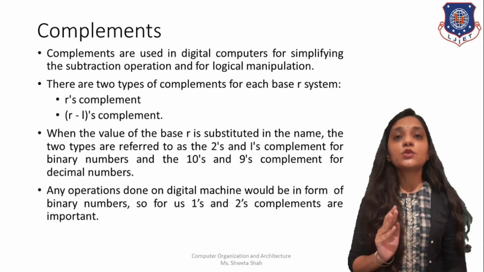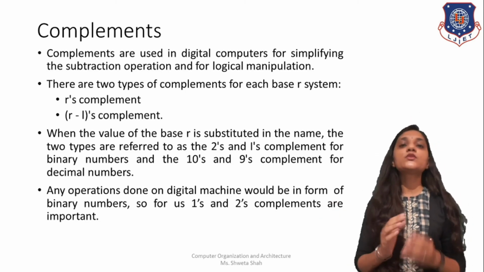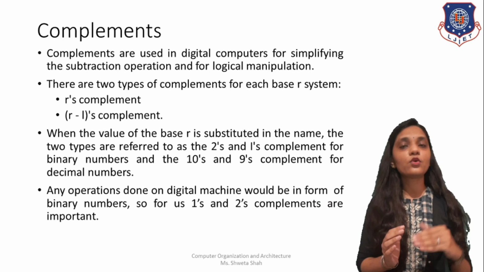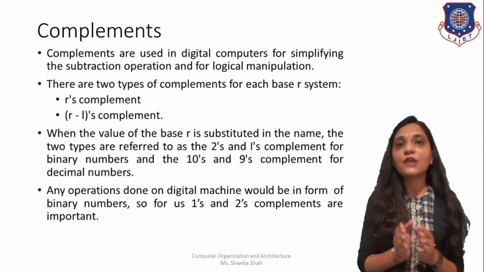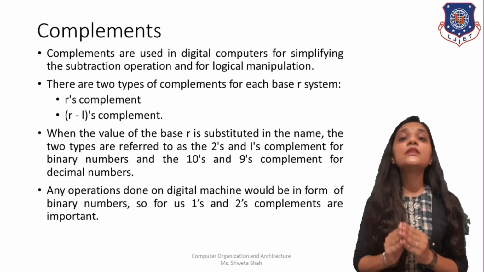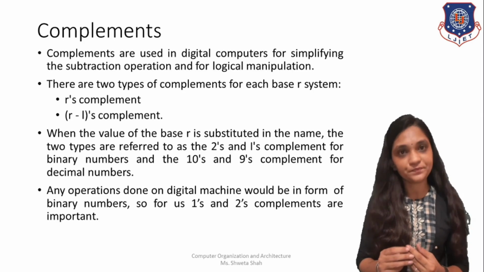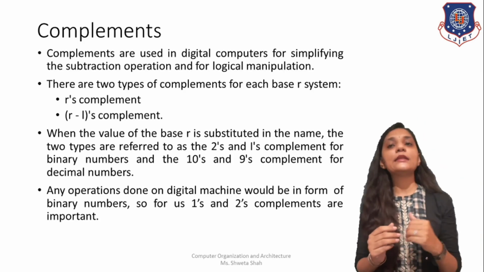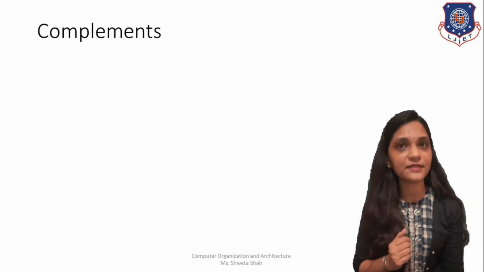Since we are using digital machines that always work on binary numbers, and we are designing hardware in this course, we will generally require 1's complement and 2's complement. So let me see how you can find the 1's complement and 2's complement of binary numbers.